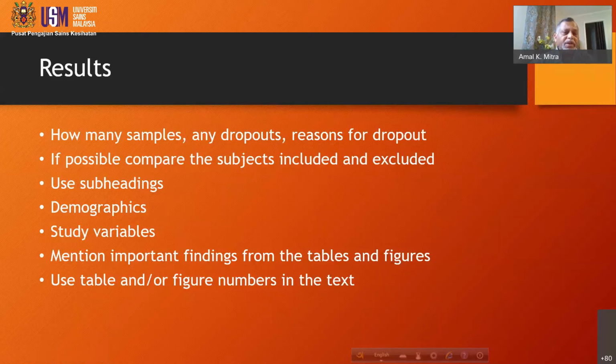One problem with dropout is that if the dropout rate is very large, it is difficult to publish your paper. How large is large? There's no number, but usually I should say if it is more than 40%, it is going to be a large dropout.